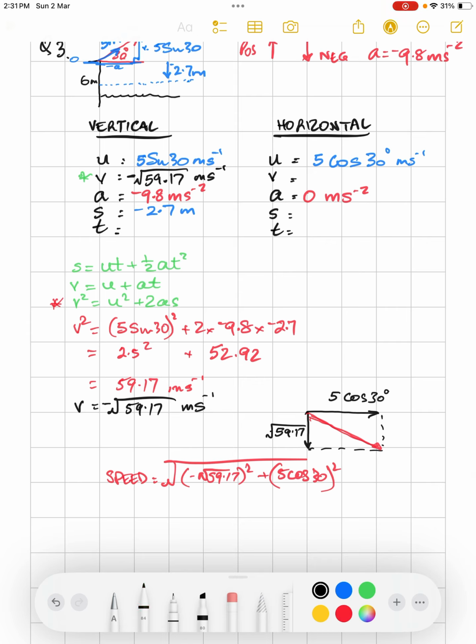So we've got the square root of 59.17 plus 5 times cos 30, and get that squared, is 18.75, plus 59.17, is the square root of 77.92.